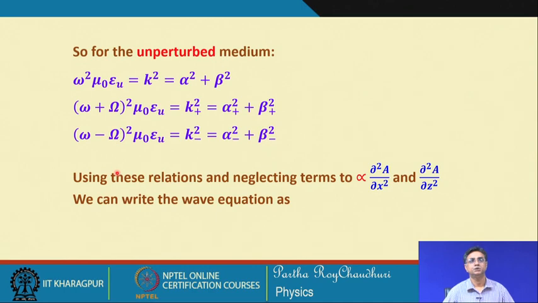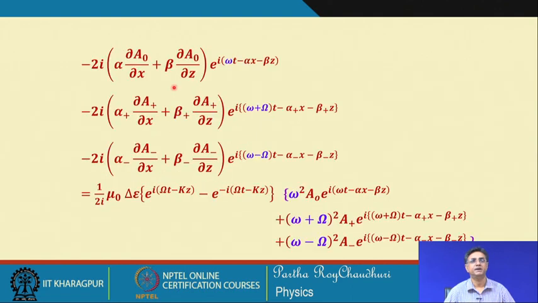And now, using these relations and neglecting the terms which are proportional to this, because the amplitude variation along the x and z directions is very small, it is only a small change, the second order terms we can neglect, and then we can write this wave equation, because we assume that they are almost in the same direction.